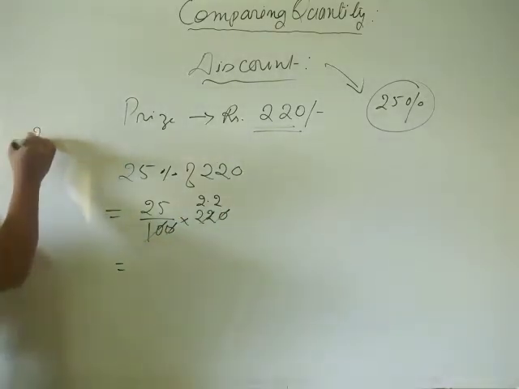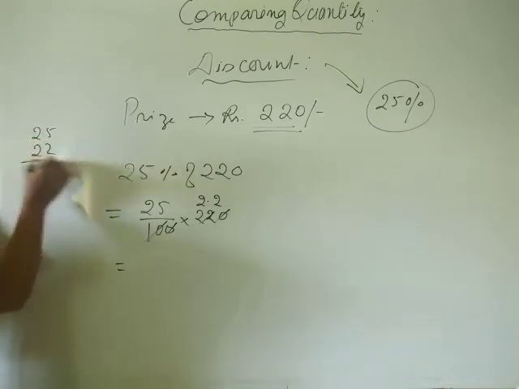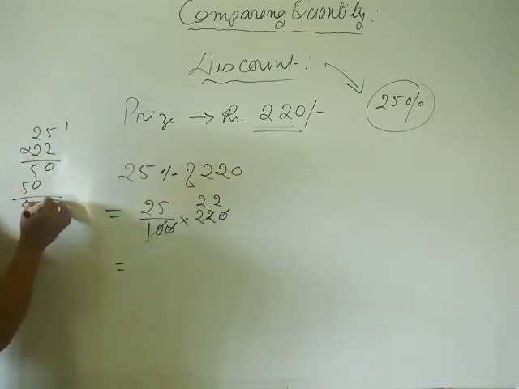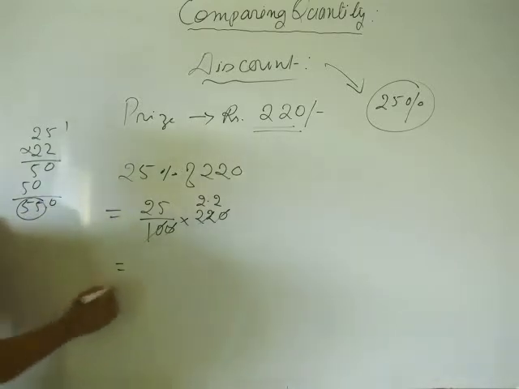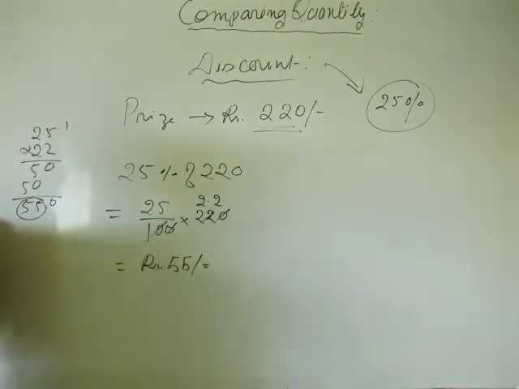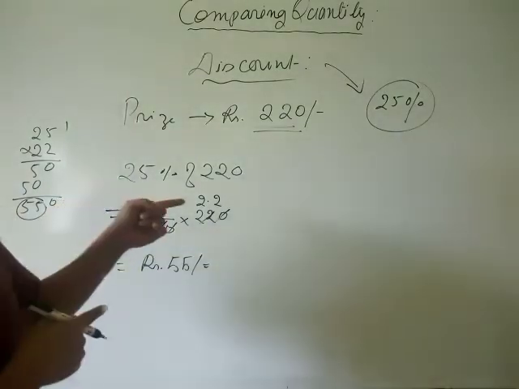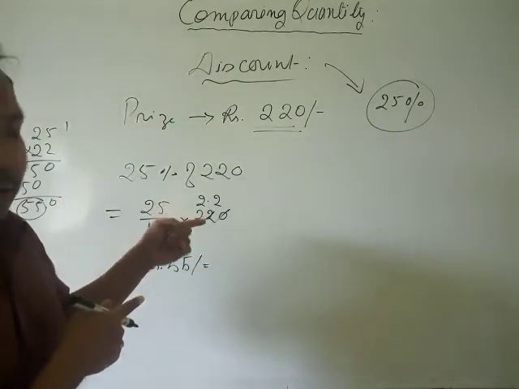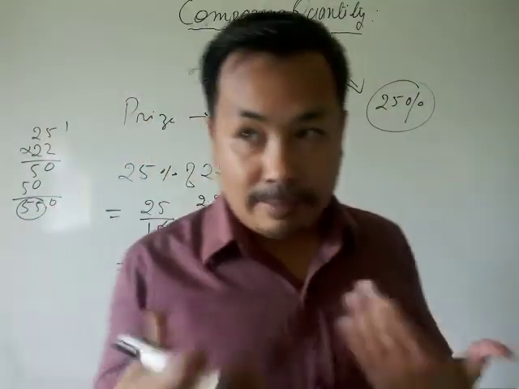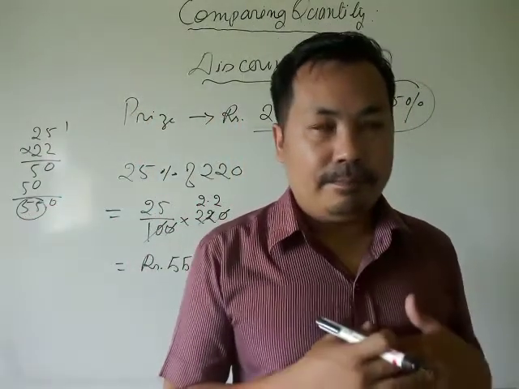You see, 25 by 22, 22 by 10, 5, 5, 55. So rupees 55 is the discount. It's not that the price is 55.